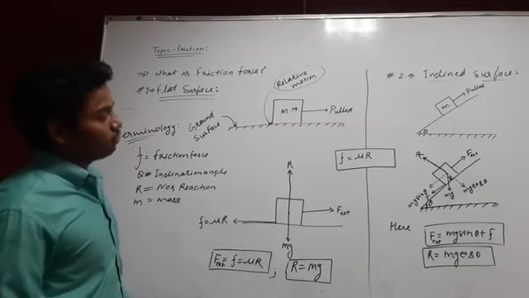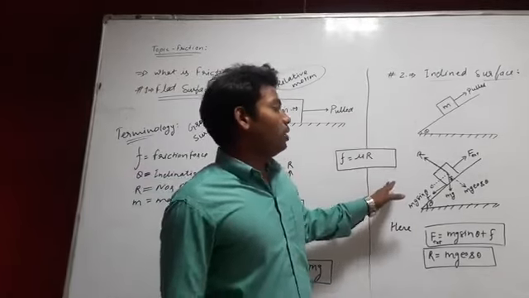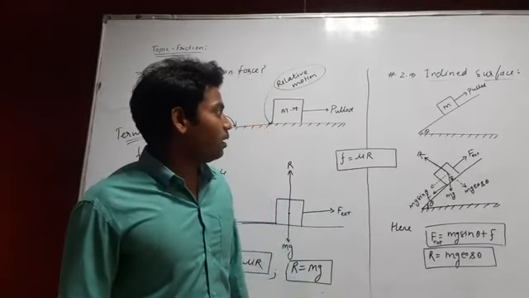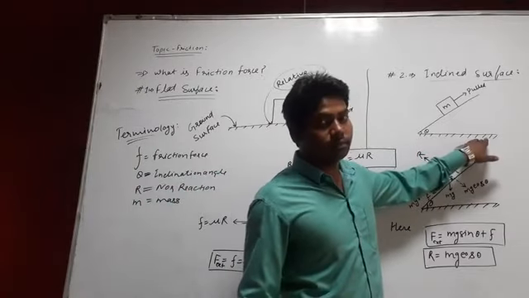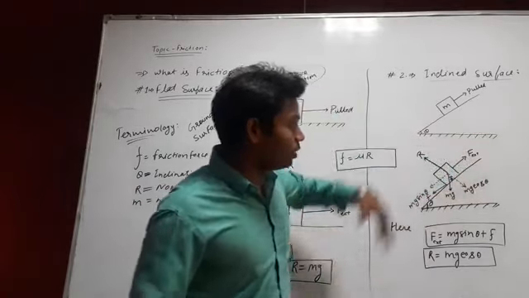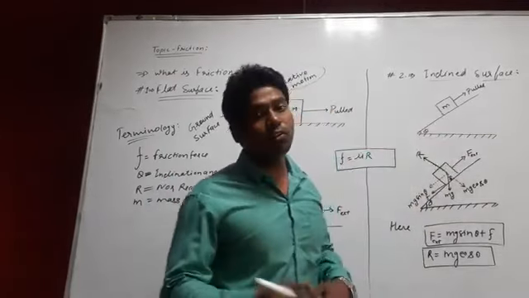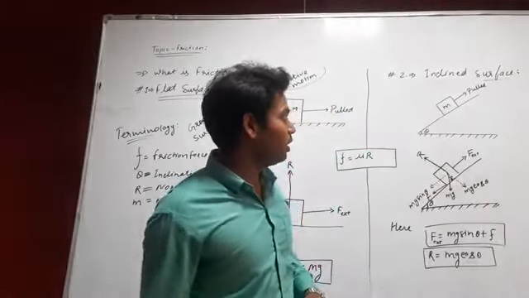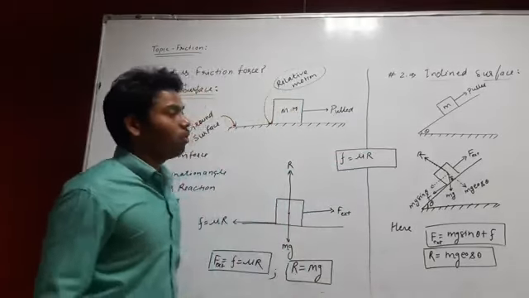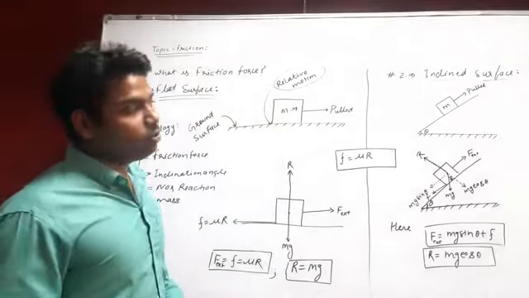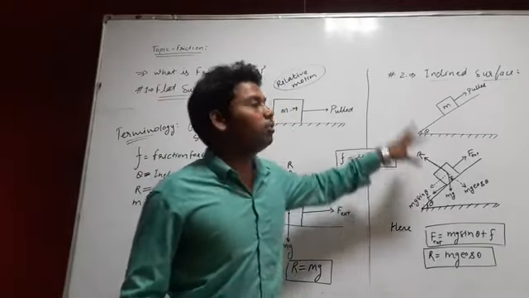Now come to the inclined surface cases. We have this horizontal plane. Now the body is kept on a plane that makes an angle theta with the horizontal plane. In all the problems, the first step is making the FBD of the problem.